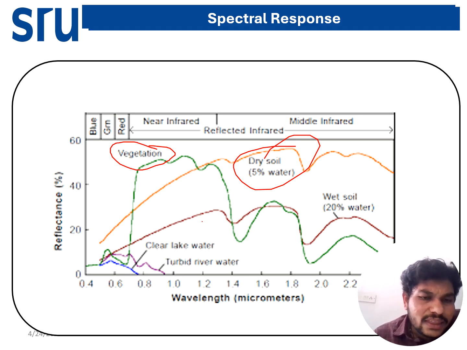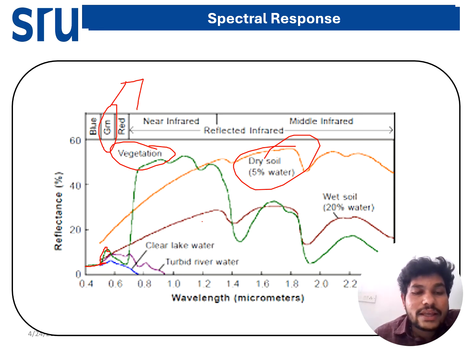If you see the vegetation here, from 0.4 to 0.5 there is a small reflection, and at about 0.55 there is a large reflection in green color, because reflection of green indicates that chlorophyll is present. There is a sudden absorption of the red wavelength by vegetation.